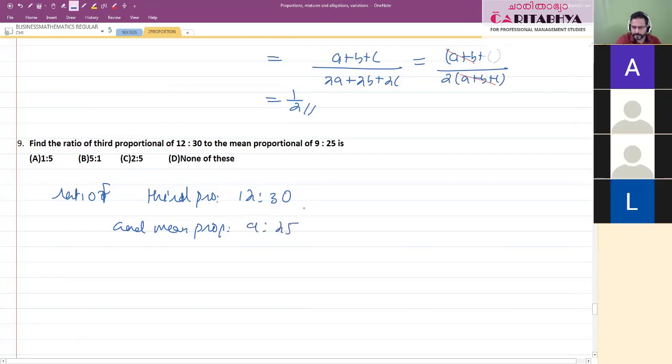So ഇതിന്റെ തേർഡ് പ്രൊപ്പോർഷണലും ഇതിന്റെ മീൻ പ്രൊപ്പോർഷണലും തമ്മിലുള്ള റേഷ്യോ ആണ് നമുക്ക് ചോദിച്ചിരിക്കുന്നത്. So ഫസ്റ്റ് നമ്മൾ എന്ത് കണ്ടുപിടിക്കാം? 12:30യുടെ തേർഡ് പ്രൊപ്പോർഷണൽ എങ്ങനെ കണ്ടുപിടിക്കാം?